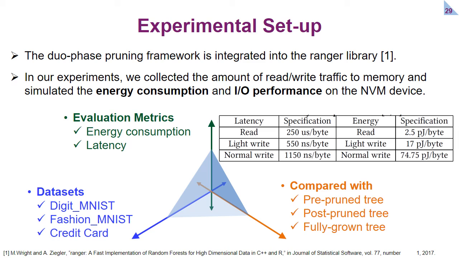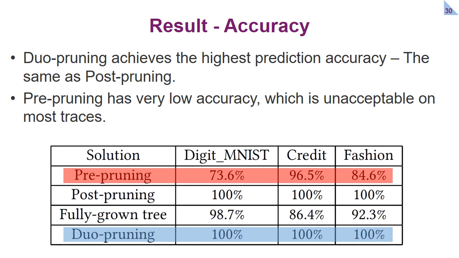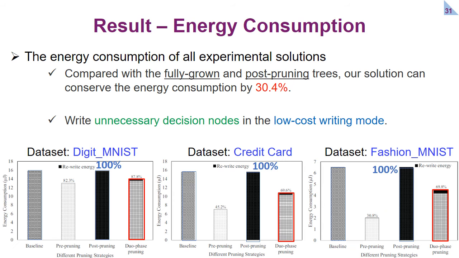The proposed framework was compared with the pre-pruned tree, the post-pruned tree, and the full-grown tree. As shown in this table, we can find that the dual pruning achieves the highest prediction accuracy, which is the same as the post-pruning.